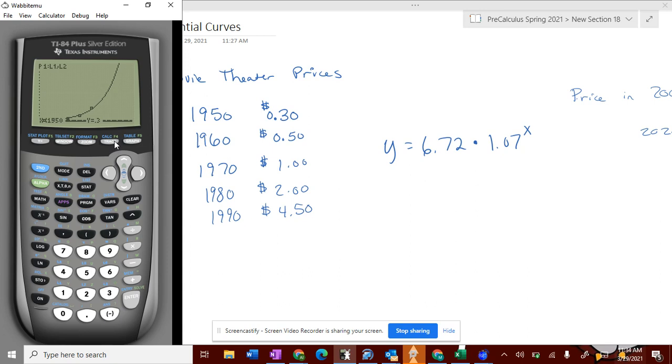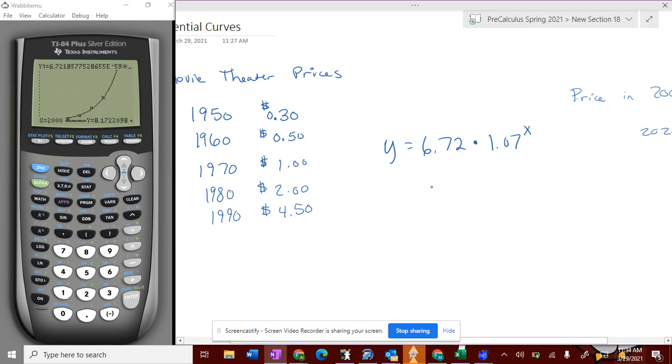So if we go trace and up arrow and go to the year 2000, if it follows that pattern, in the year 2000, it was $8.17, which is still, for the year 2000, not bad to go to the movies. But the problem is sometimes exponential functions get crazy.